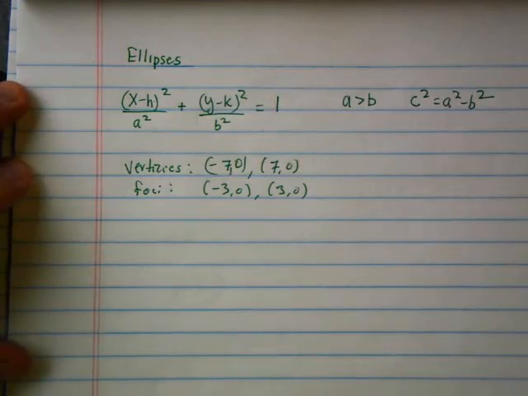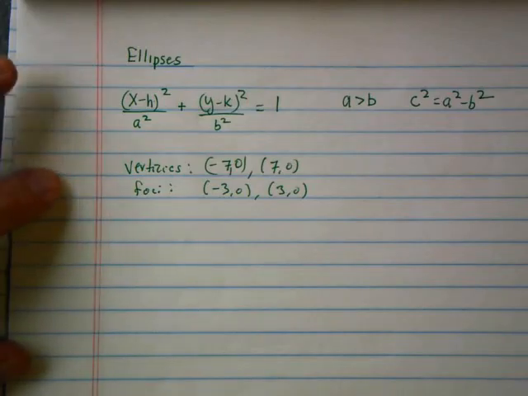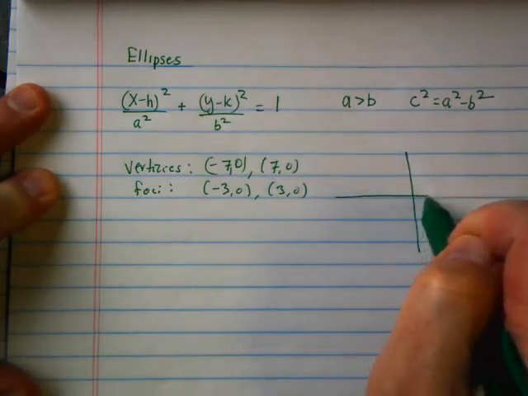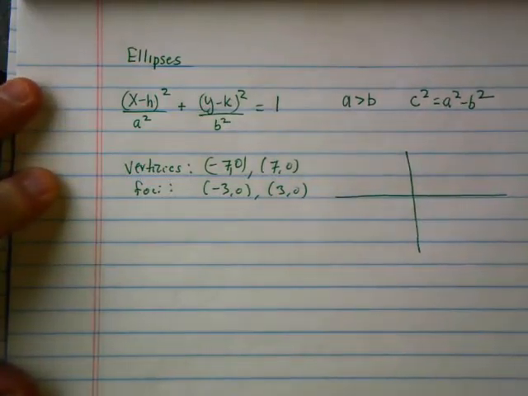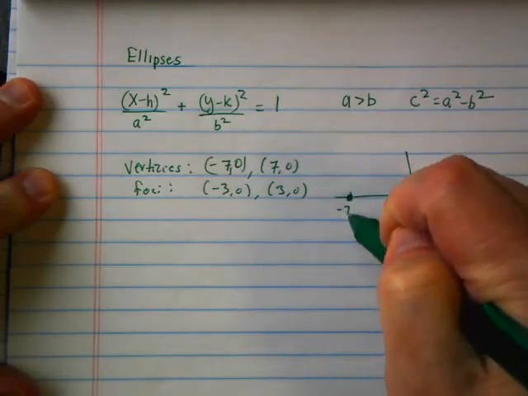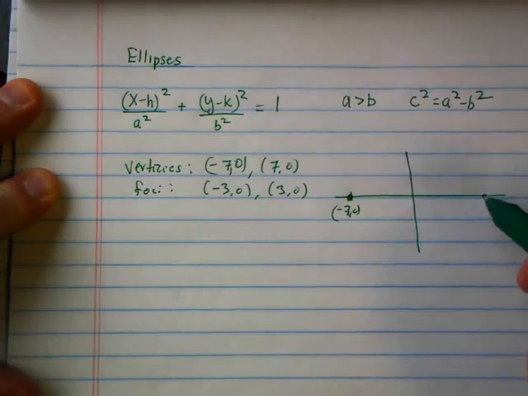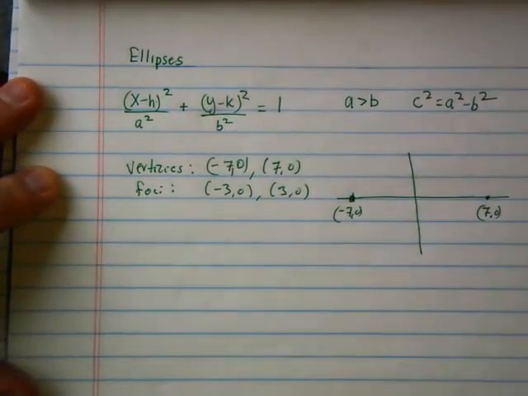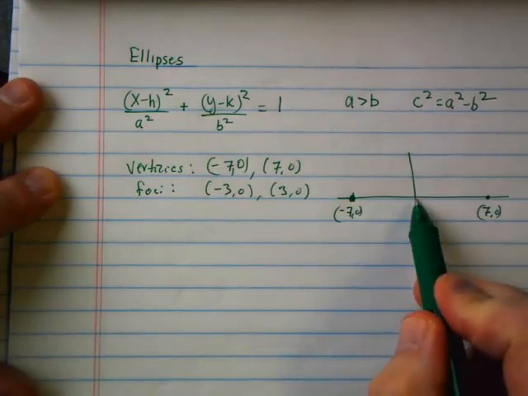What do you do? Well, it might be a good idea to start by just drawing a really rough picture. So if my vertices are here, -7, 0 and 7, 0, where's the center? The center is right halfway in between, so the center has to be at the origin.